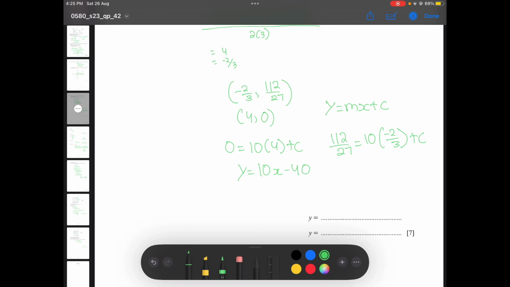If you solve this in your calculator, first we multiply 10 into negative 2 by 3, and then subtract that from 112 over 27, and we get 292 over 27. So the other equation is y equals 10x plus 292 over 27. Hence these are both the equations, 10x minus 40 as well as 10x plus 292 over 27, and that's 7 marks.